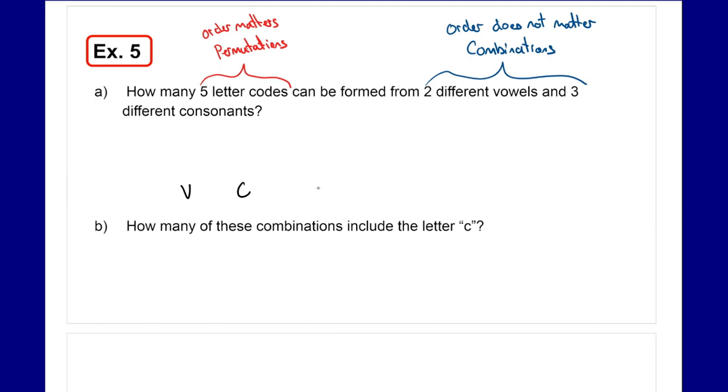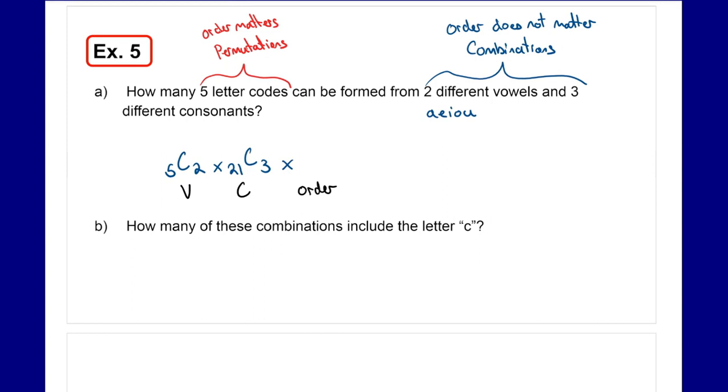So let me kind of keep it color-coded. So vowels, then consonants, and then the order. So for the vowels, assuming A, E, I, O, U, right? So 5 vowels, choosing 2 of them, because we can have 2 different vowels, multiplied by, and 21 consonants, choosing 3 of them. So that's how many different combinations of vowels and consonants I could come up with.